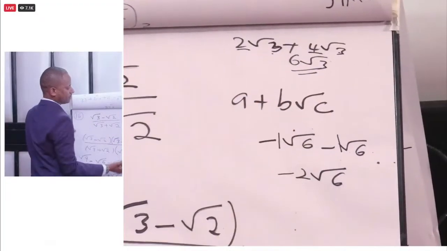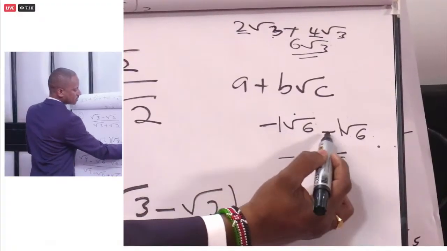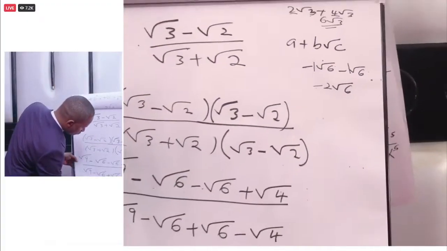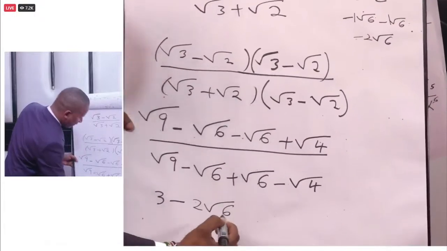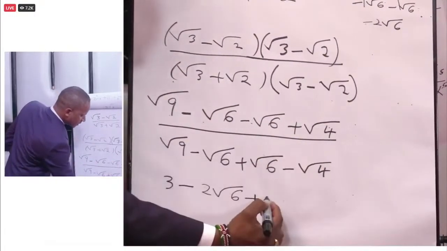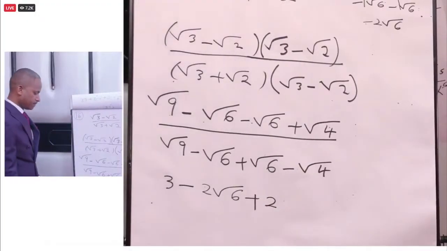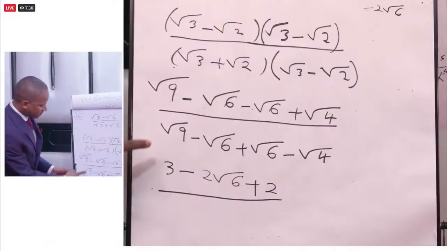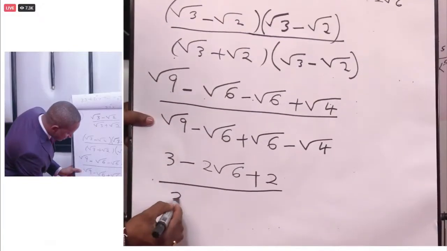So you come here. Minus root 6 minus root 6 is minus 2 root 6. So minus 2 root 6 plus root 4 is 2. This divided by, you come down, root 9 is 3.